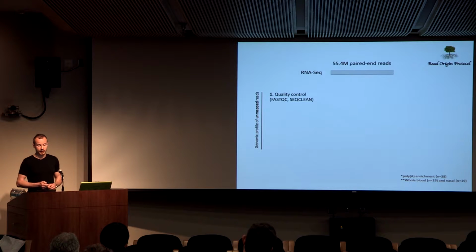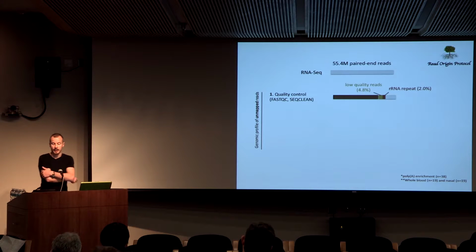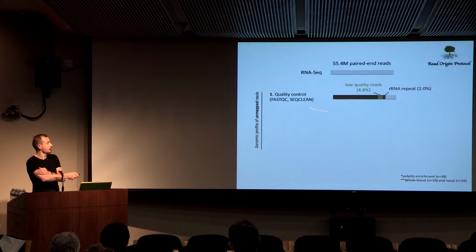As we thought about the unmapped reads, the ones here in gray, the first step was quality control, where we filter out the reads which are of low quality, low complexity, or ribosomal reads. They account for 7% of the total number of reads.